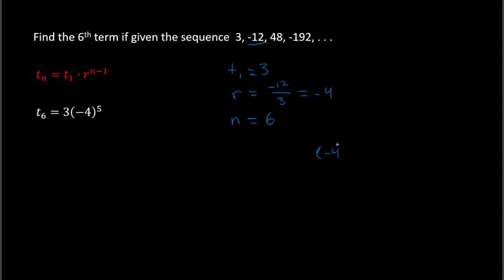Make sure you put negative 4 in parentheses, and then raise to the 5th power. What that means, if you're doing it by hand, is you have negative 4 times negative 4, and then 5 times. So negative 4, 5 times in a row, multiply that together. And then once you have that, multiply by 3 in the front, and when you solve that correctly, you're going to get negative 3,072.